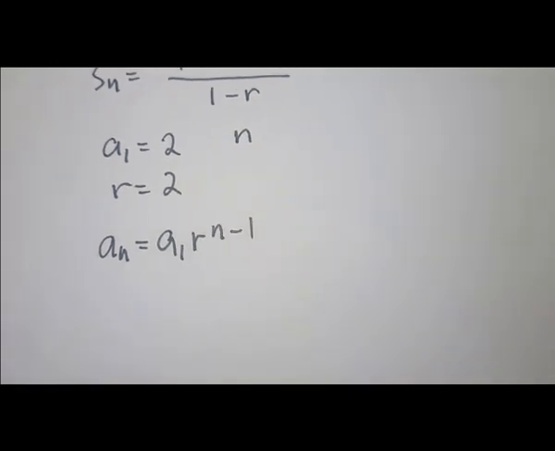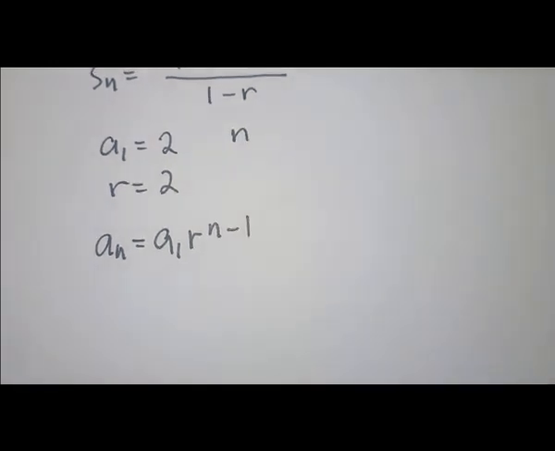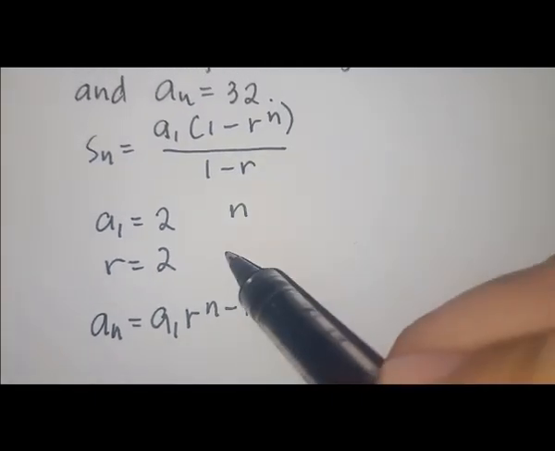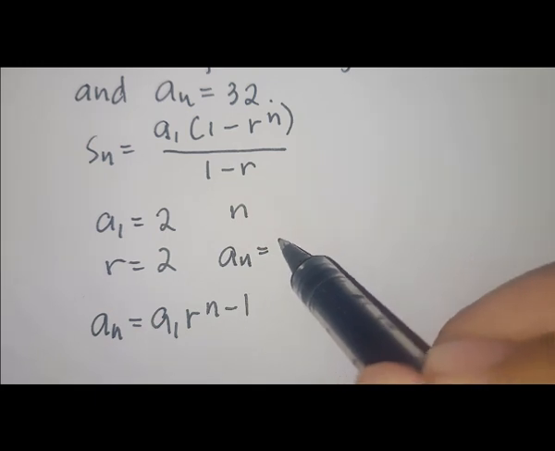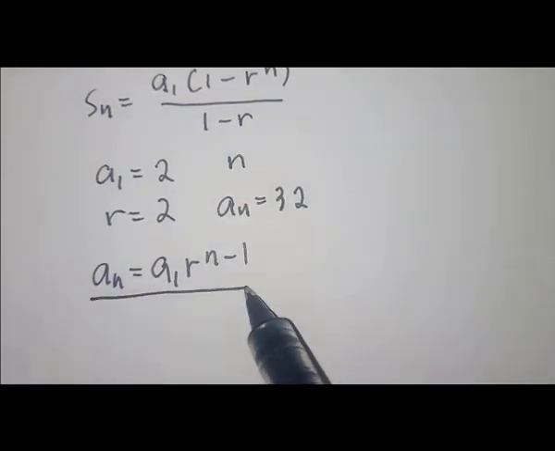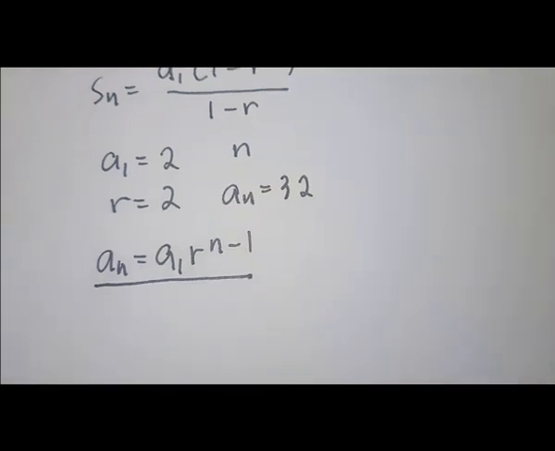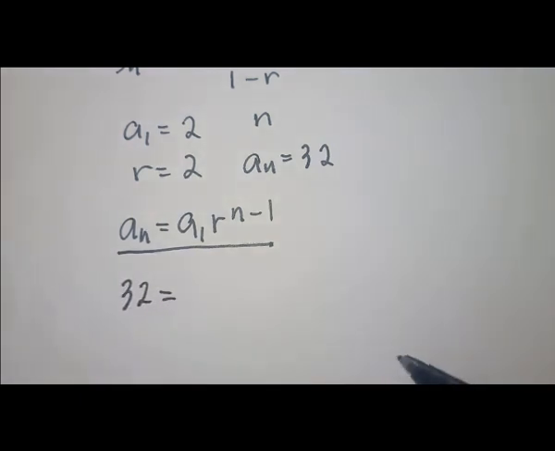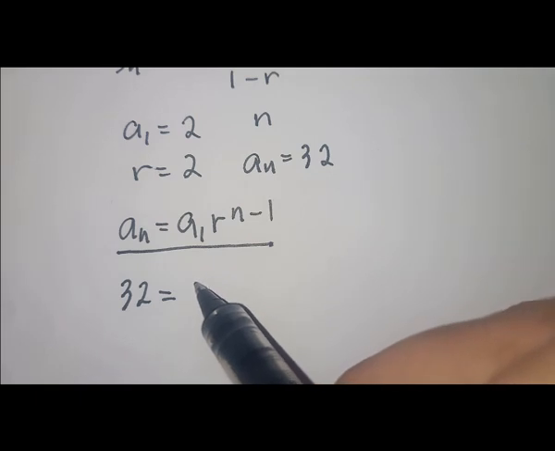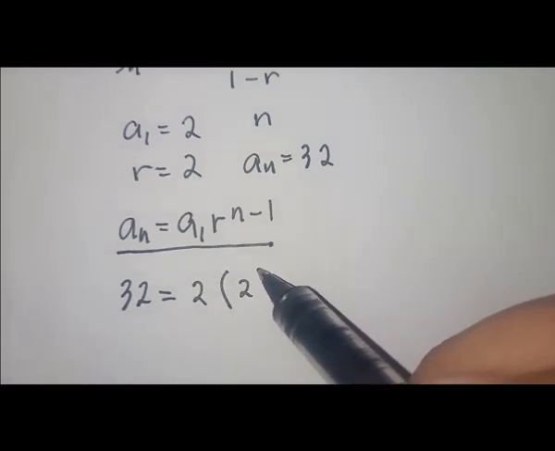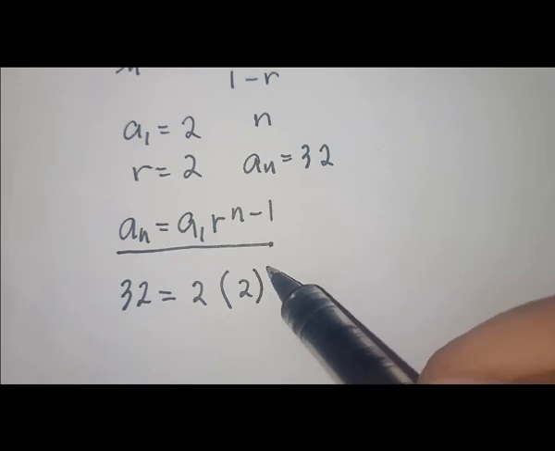Okay, so let's start. We have the value of a sub n. In the given, a sub n is equal to 32. So we start with this formula before we proceed to the geometric series. So a sub n is 32 equals, a sub 1 is 2, r is also 2, but we do not know the value of n.